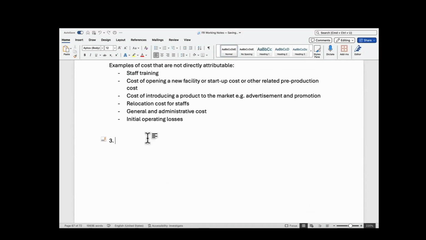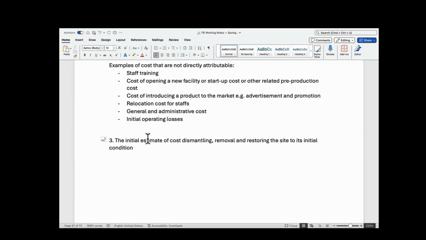Number 3 is the initial estimate of cost of dismantling, removal, and restoring the site to its initial condition.